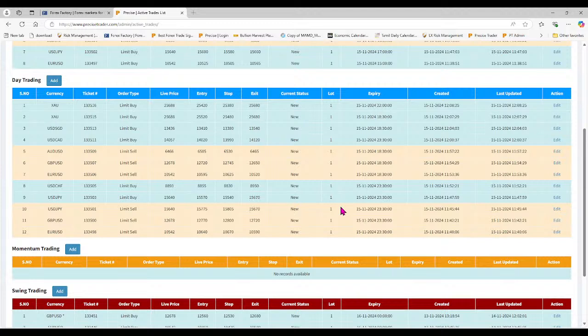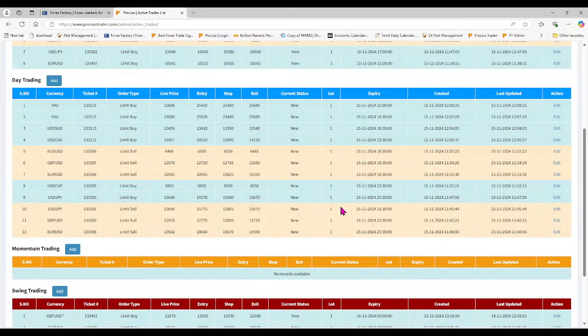Static means no information, just an entry, exit, and stop loss. When we give you the information on what is to be expected and how we should proceed, then you can play the game with a more precise plan, so at least you are successful.